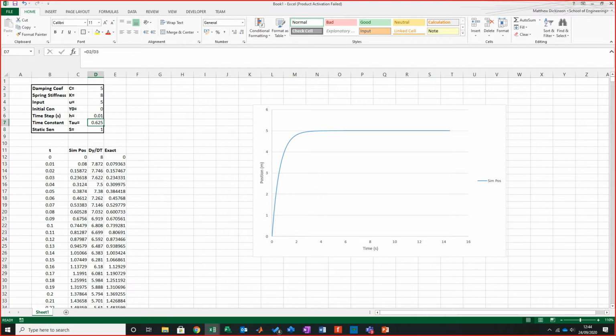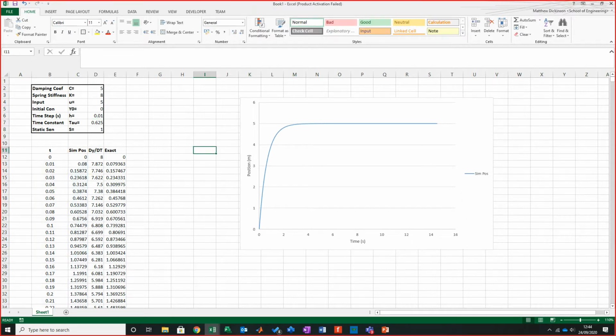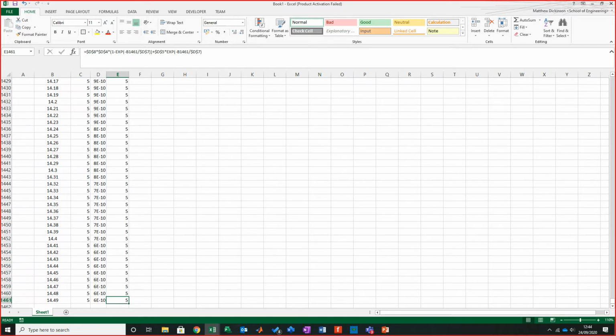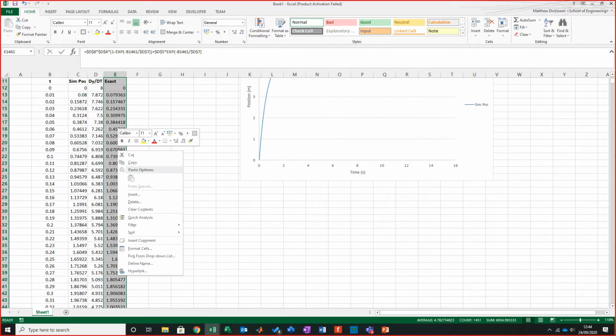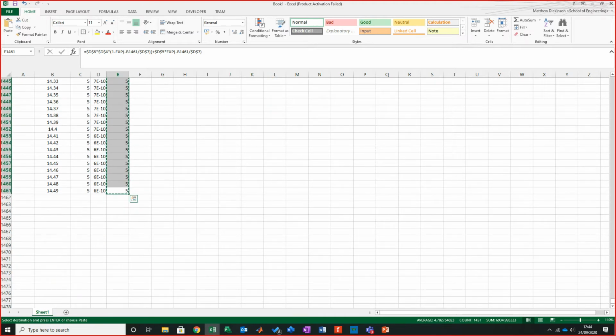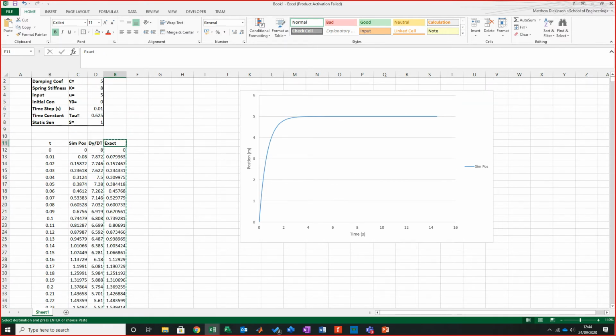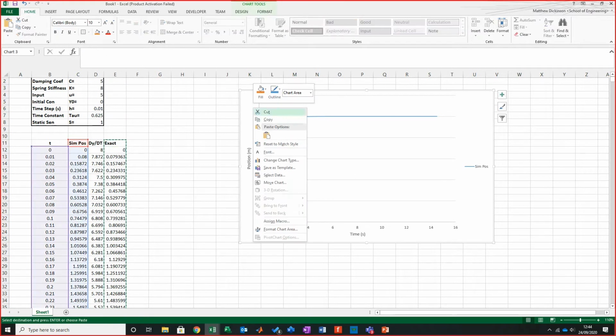So I'll stay with that, and now what I'll do is go down to my exact, press Control, go to the bottom, press Control, Shift, up. I'm going to copy. A student showed me this a few years ago. I had no idea. So I'm going to right click and paste it in.